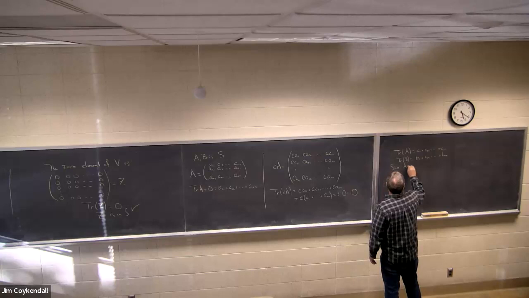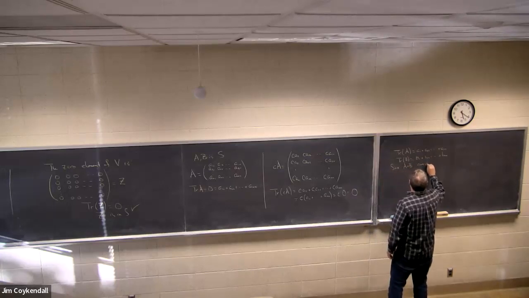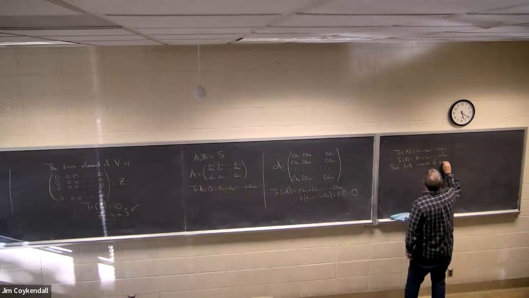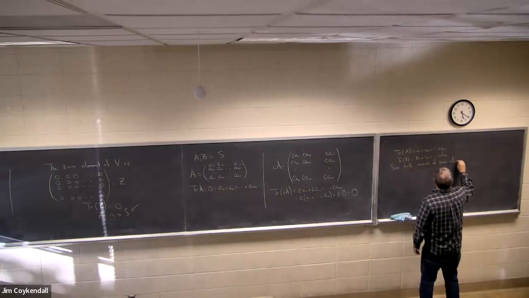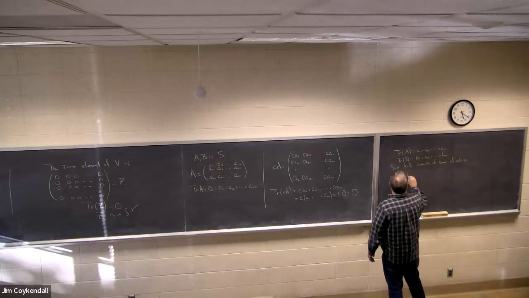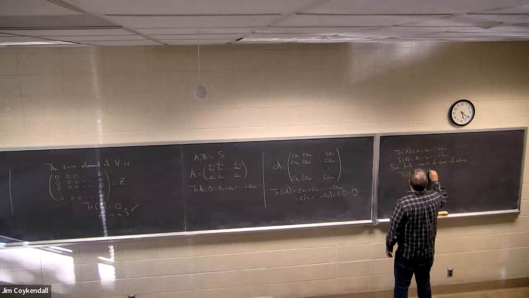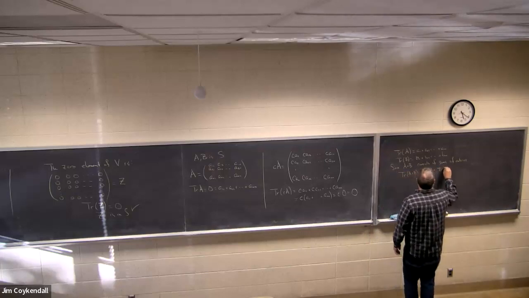Since A plus B consists of sums of entries, trace of A plus B is trace A plus trace B.